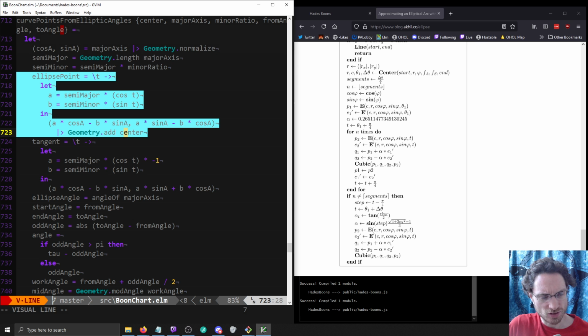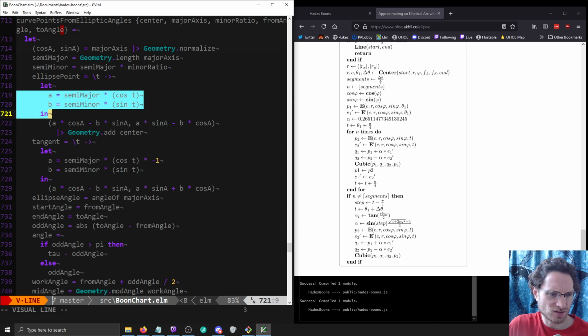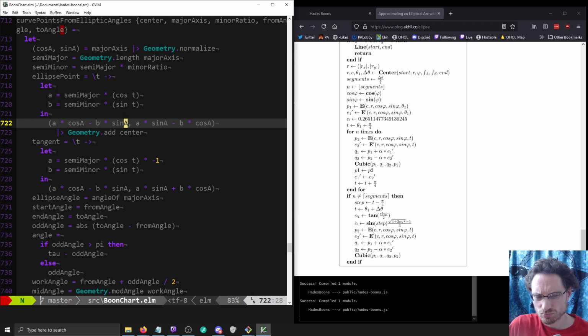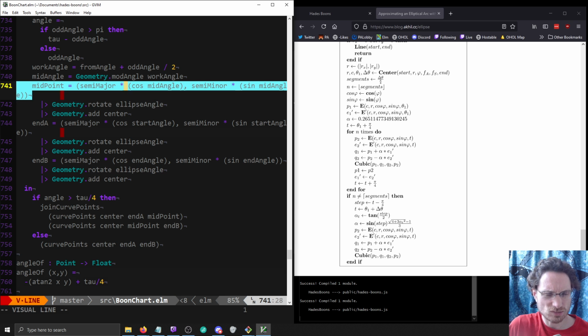So this is just a different way, and this is basically rotation by ellipse angle. Is this basically rotation by that angle?